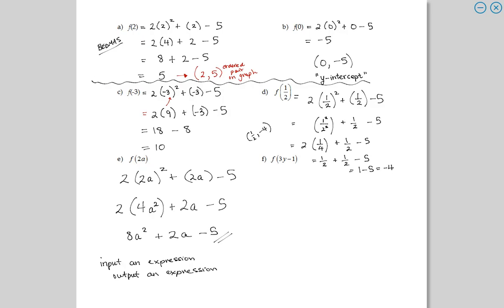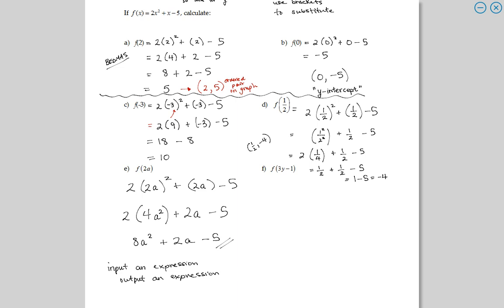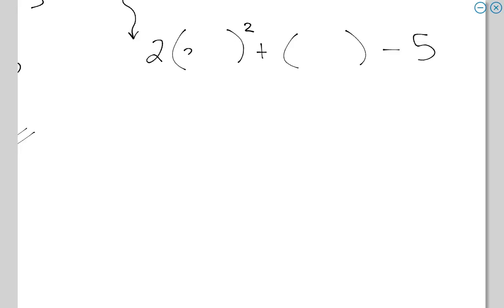So use the original equation. 2 times bracket, we have to square whatever's in that bracket, plus the bracket, take away 5. So what goes in that bracket? 3y take away 1. And then this is where math from last unit is now going to be in play in this unit.